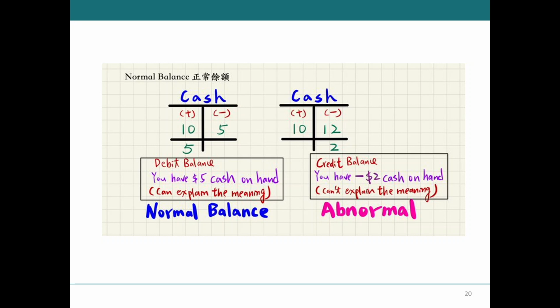When you find out the final number on your right side, we call it credit balance. What does that mean? Final balance on the credit side. Okay? So that's what we've mentioned from last week. Debit, credit, debit balance, credit balance. Okay? Any questions?